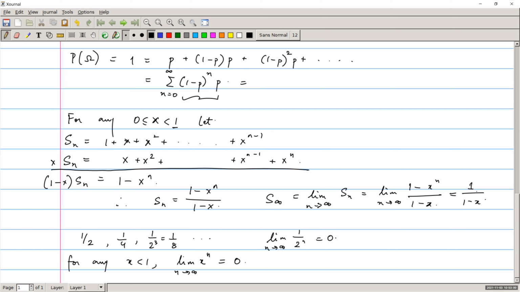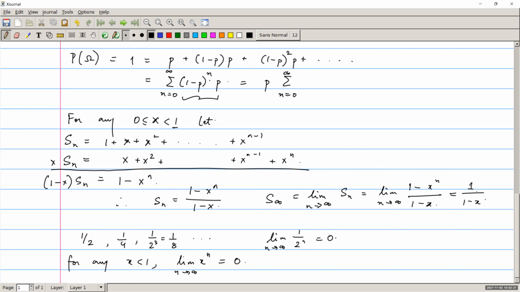You just start at n equals 0. So 1 minus p to the 0 times p, and then 1 minus p to the 1 times p, and sum across those. Right, but probably you mean it this way: first you have to pull p out of the summation.